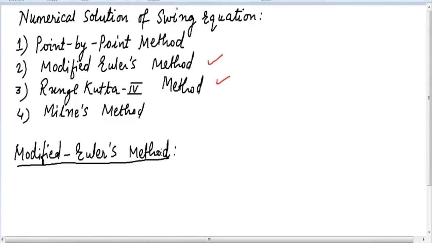Out of these we are going to learn two methods, modified Euler's method and Runge-Kutta 4 method. These two are in our syllabus, and only then will we complete unit number 6. Have you all gone through the modified Euler method of 4th semester?